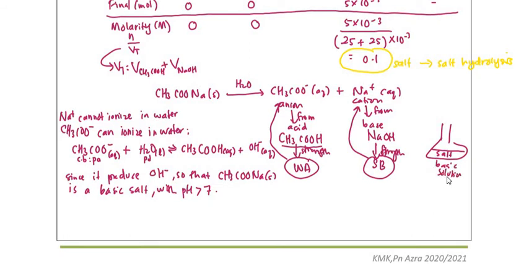When we check the pH of this basic solution, the pH must be greater than 7. Here we don't know the exact value for pH, but we just predict whether the pH is greater than 7 or less than 7 at this equivalent point. Okay, so this is the answer, pH at equivalent point.